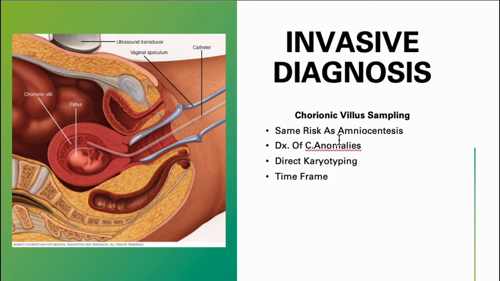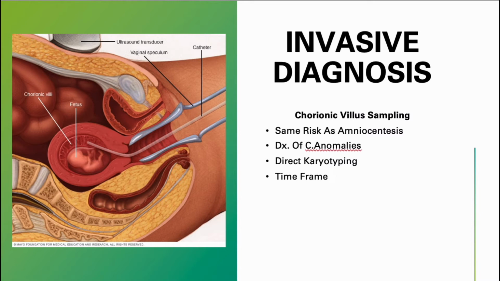The other thing is, you can do a direct karyotyping as well. So when you get the CVS sample, we can have these cytotrophoblastic cells, and essentially they're just rapidly dividing cells, and you can use that to do a direct karyotyping, and you get the results relatively fast, a 24 hours, 48 hours time frame. So that's a good thing about it.